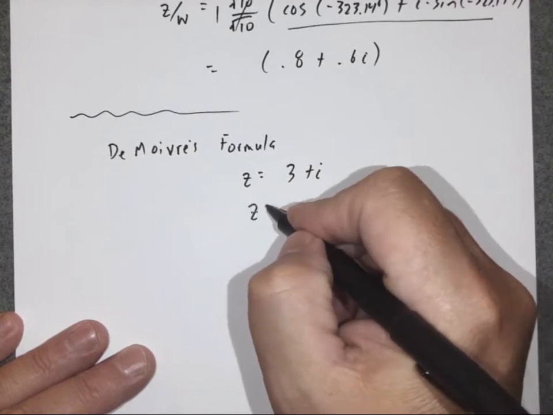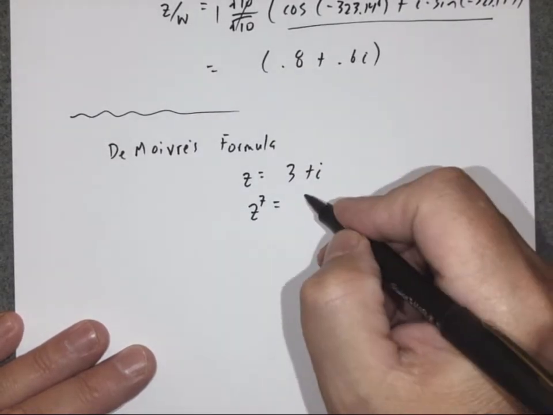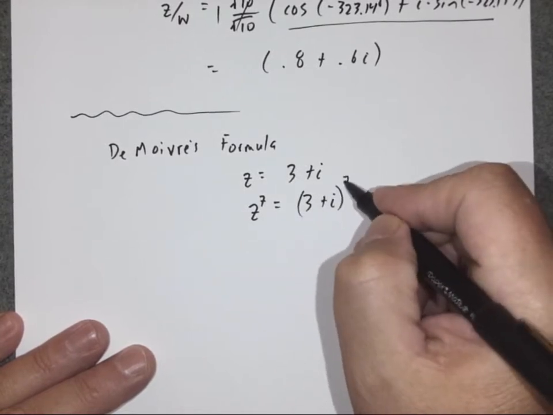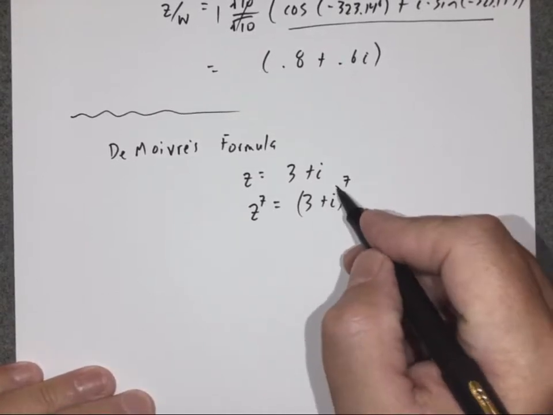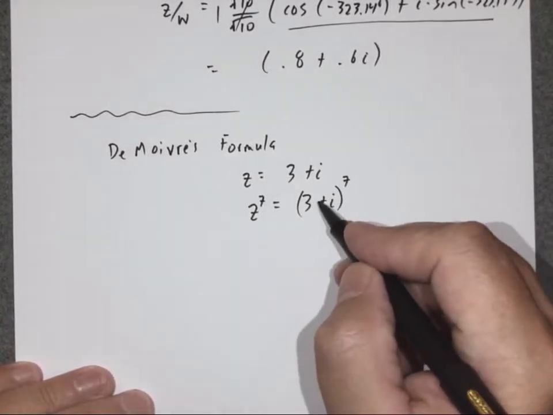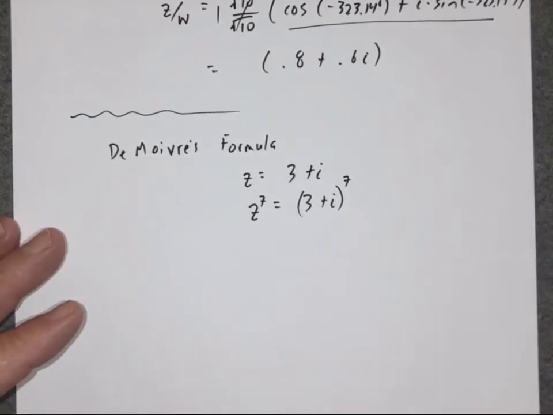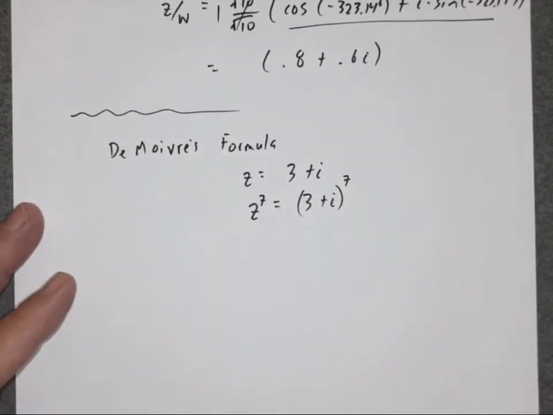And say for some reason we need to know z to the 7th, meaning we take that complex number and raise it to the 7th power. Now, if you wanted to do it the old-fashioned way, you could take 3 plus i times itself 7 times. I don't know, it may take you 20 minutes to do that multiplication.